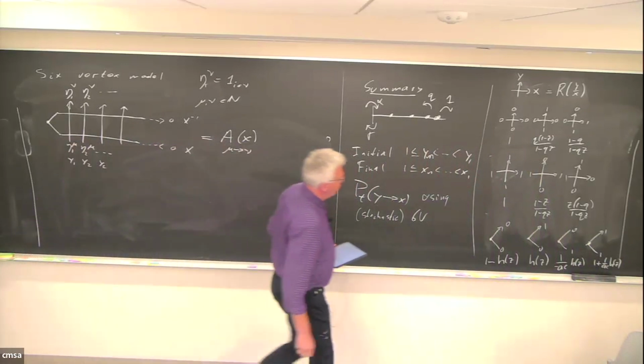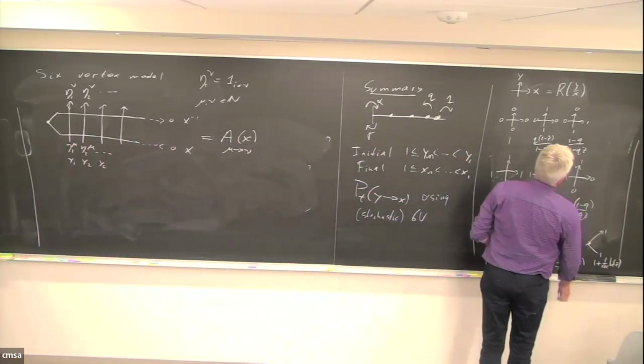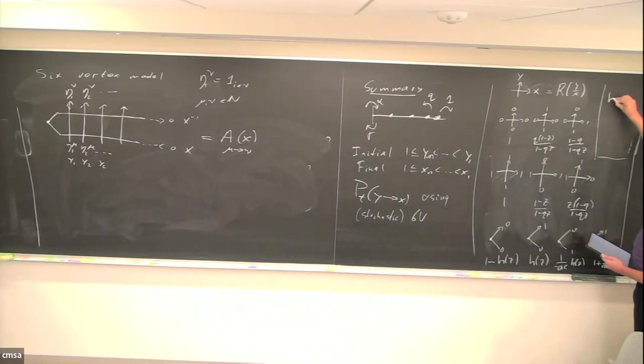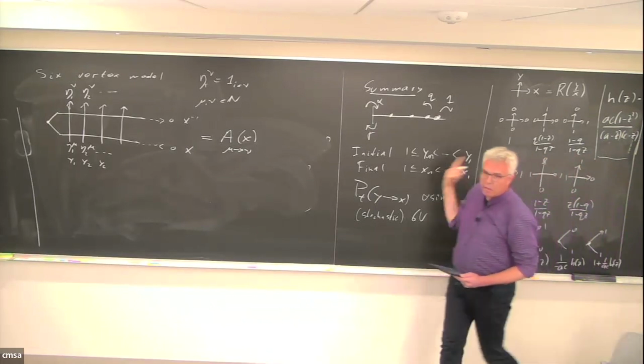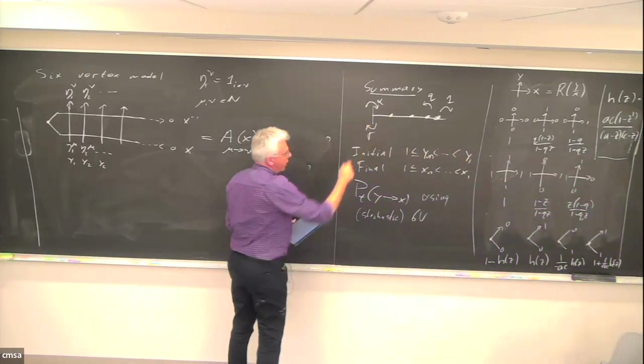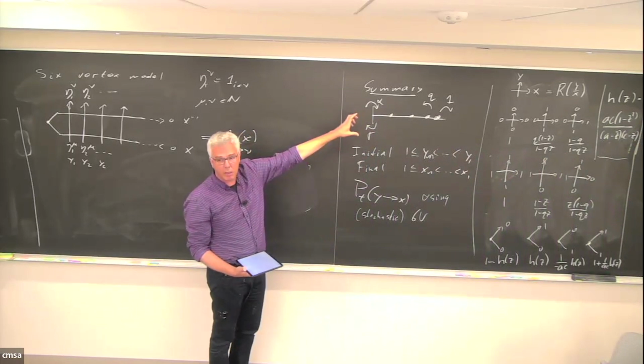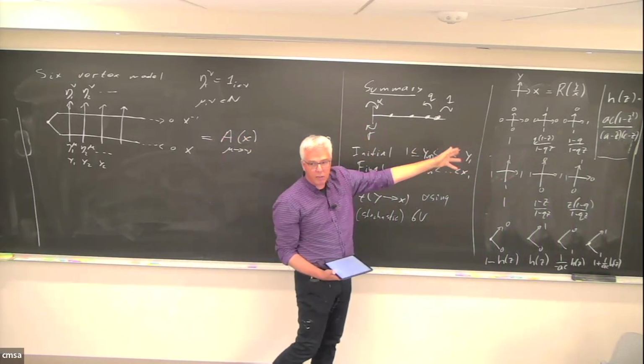So maybe I should give it explicitly as well. I can't go outside the box. So h of z is going to be AC minus z squared. Okay, but these A and C parameters are related in a very simple way to the alpha and gamma. Sometimes it's convenient to use alpha and gamma, sometimes more convenient to use A and C.